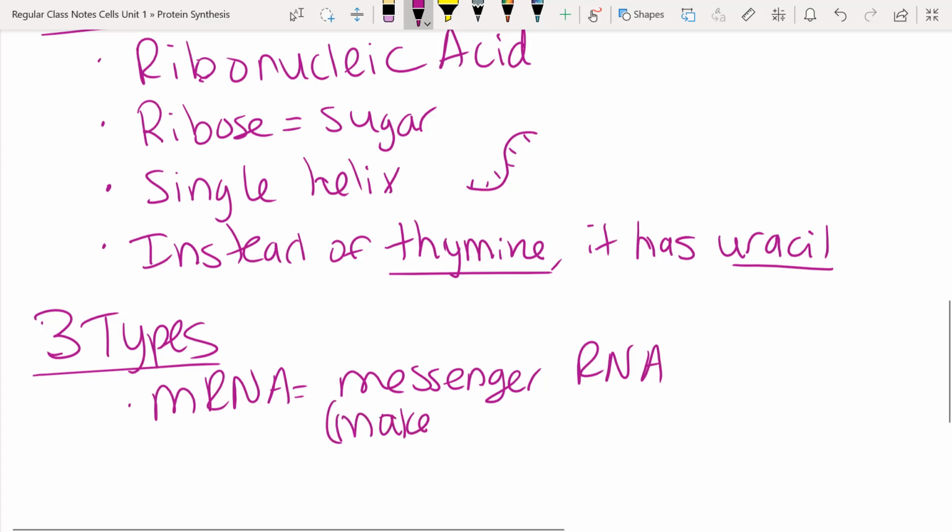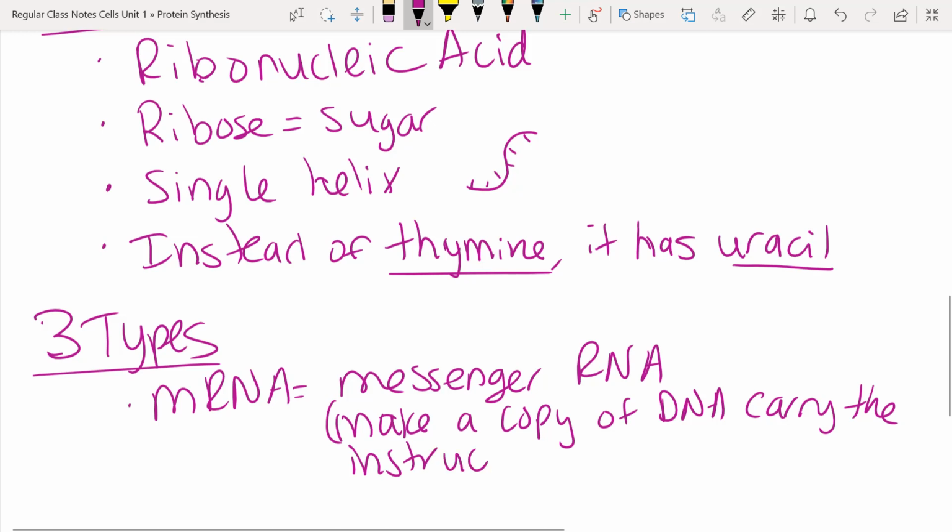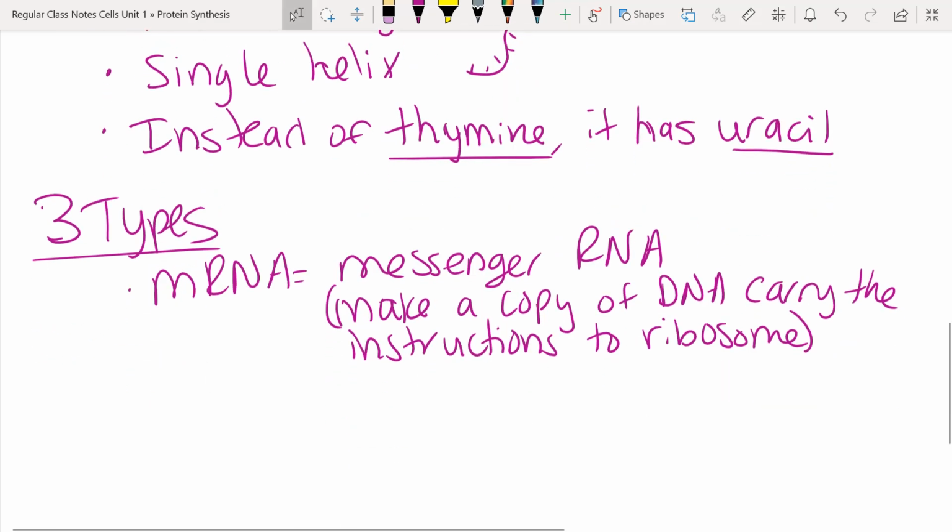make a copy of DNA and carry the instructions to the ribosome. Remember, the ribosome is the organelle that produces proteins.